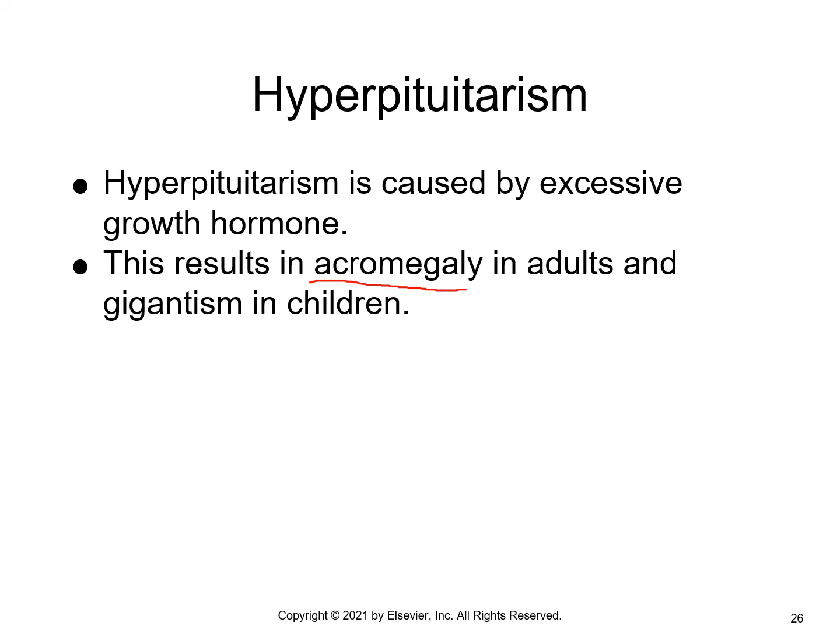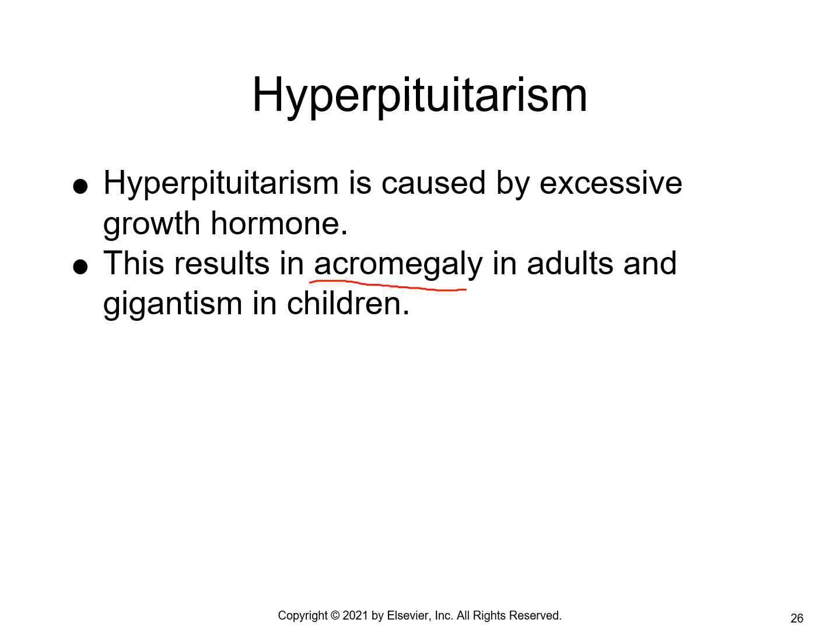And so acromegaly will happen when a patient's long bone epiphyseal plates have fused, but certain bones like their forehead, their jaw, their hands can continue to grow. And because of this, as adults, if you have hyperpituitarism as an adult, you develop the abnormality called acromegaly.